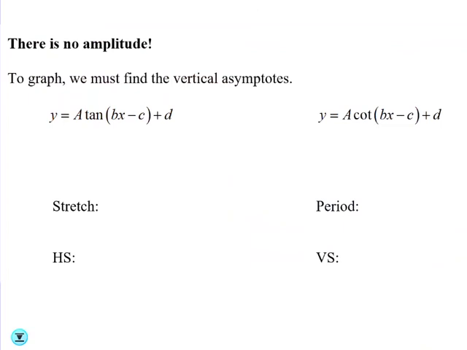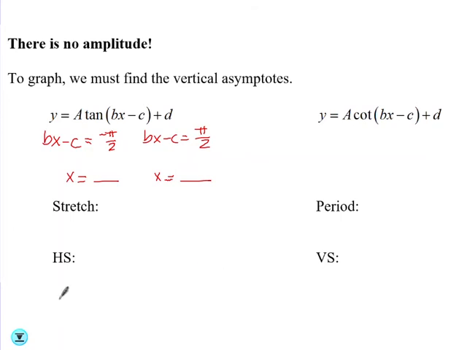So, to find the asymptotes, you need to take bx minus c, set it equal to the asymptotes in the standard tangent function, and then solve. So you get x equals the asymptotes.